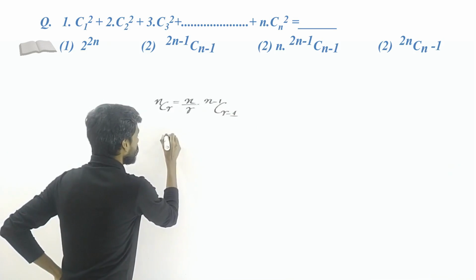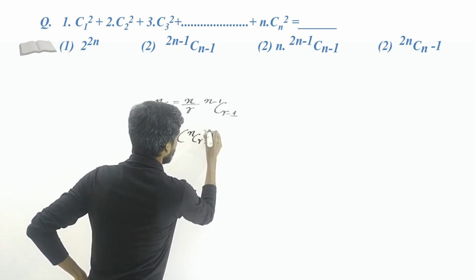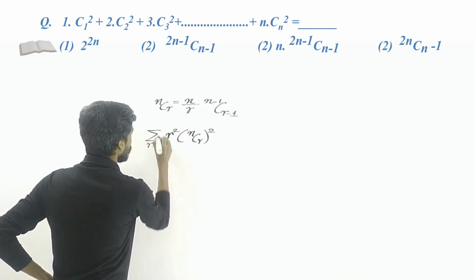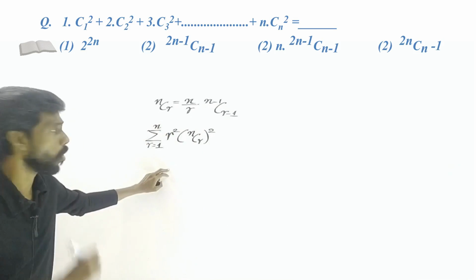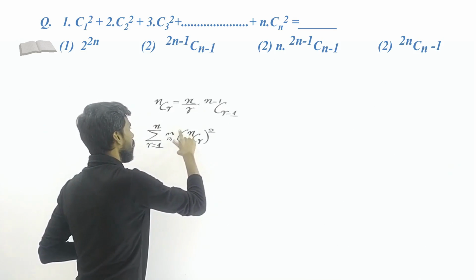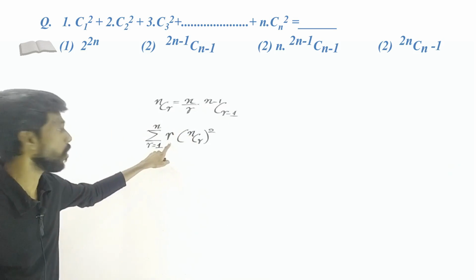We can write it as r multiplied by ncr squared, where r is from 1 to n. We have written it in short summation form. Now this r is to be cancelled, right? How will you cancel this r?